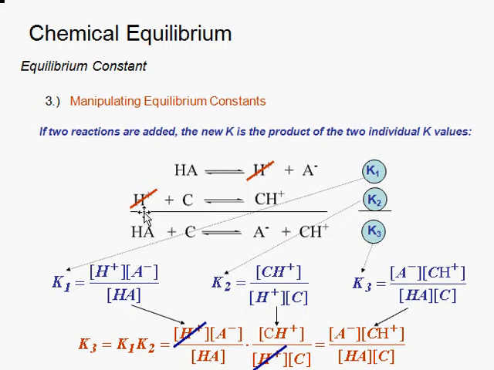Then the other equation, H plus and A gives us HA. If we add these, the resultant constant will be K1 into K2. So K3 is nothing but the multiplication of K1 and K2.